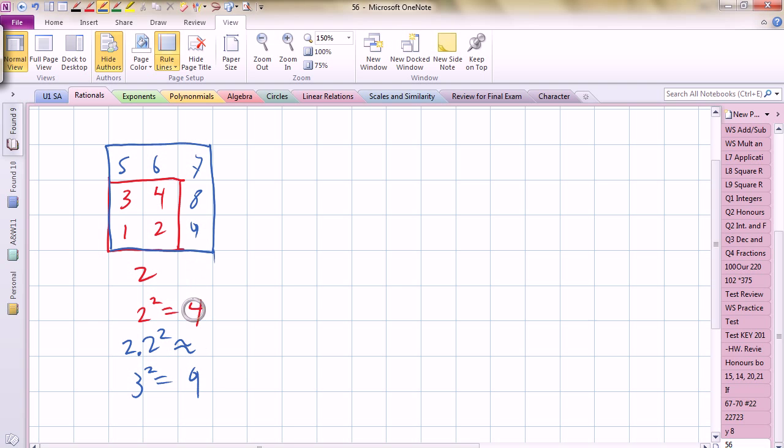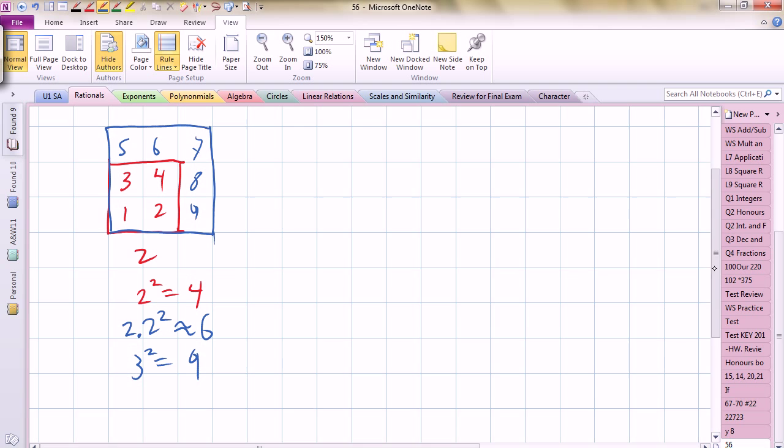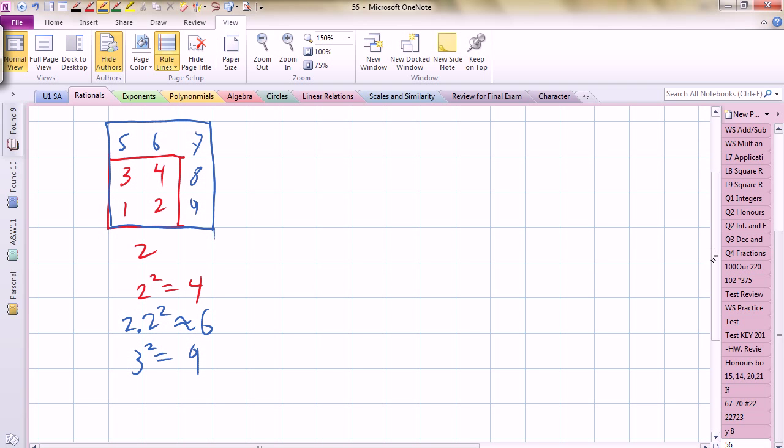We have a whole range of 4 and 9. Maybe 5 or 6, right? I'd say 6. So squiggly line is approximate. So if you know the root, you can approximate the perfect square. Okay, you can approximate the square.